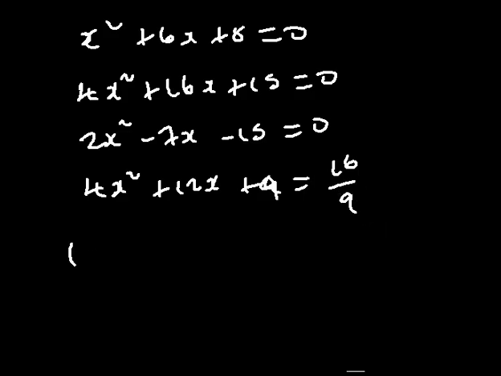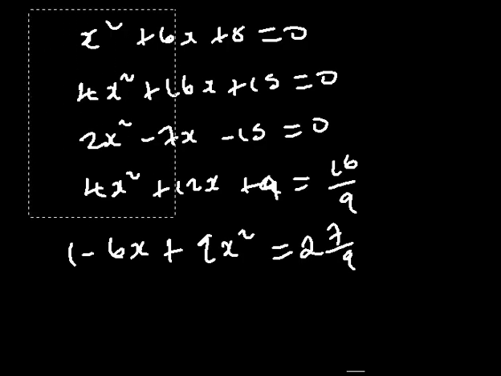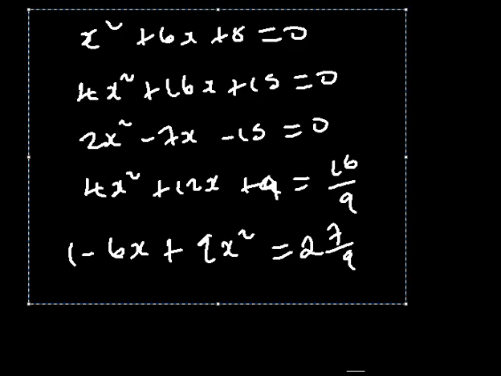So try to have that: 1 minus 6x, plus let's say 9x squared, which is equal to 27 over 9. So should there be any problem, I want to see that one in the comment section below, if there is something which is very difficult.